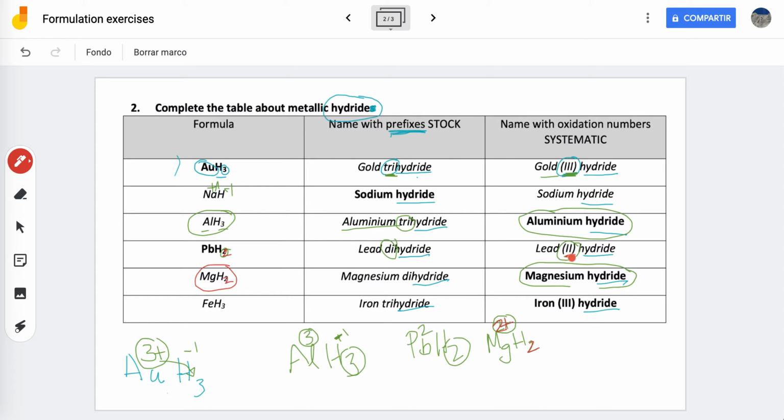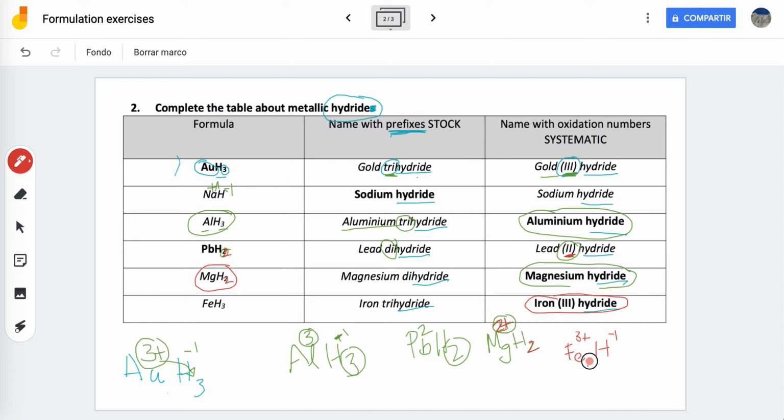Okay, good. Last one in this page, we have this as the original information: iron 3, and hydrogen, as always in this case, is -1.